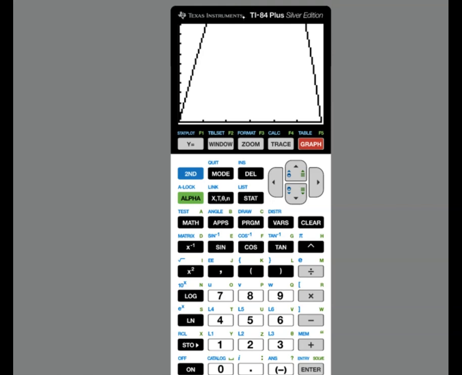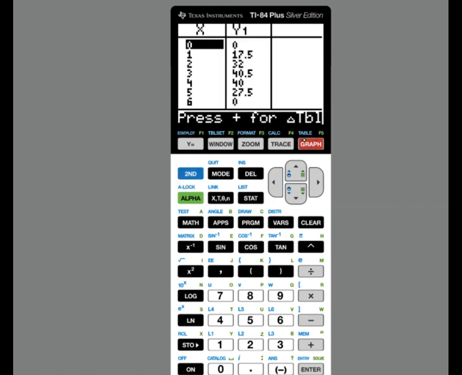So there's different methods in adjusting your window. One feature you can use is the table. If you go second graph, it takes you to a table and you can look at your Y values here and I can see, oh, my Y values, they go all the way up into the 40s. So just looking at the parabola is not enough.